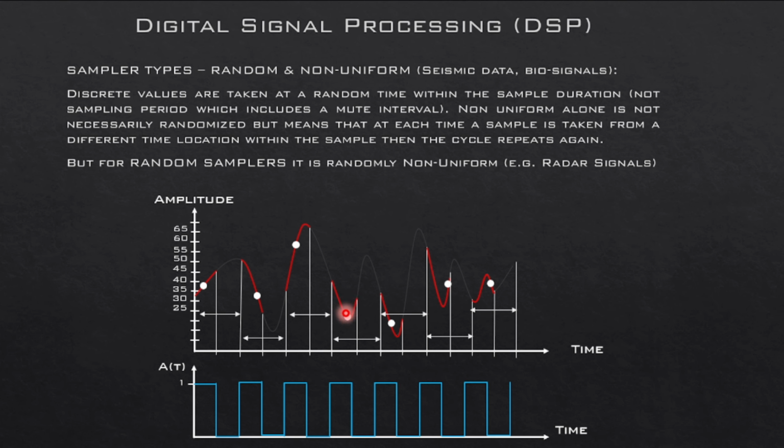So you notice at times we are taking the discrete value of the last part of the sample, or in the middle, or at the beginning, or less than the beginning, or less than the middle. Here it's almost at the beginning. And by the way, this is usually used for radar signals also.